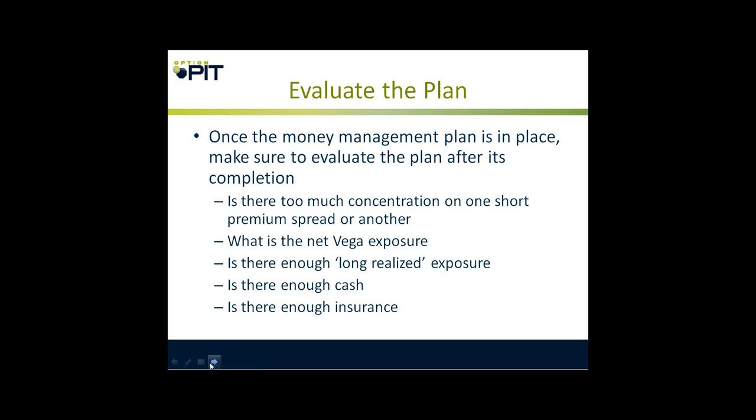We really do a lot to make sure we manage our risks. And you should do the same. Once you write a plan, you should be going back and evaluating it, not just as soon as you start, but as you're trading it.